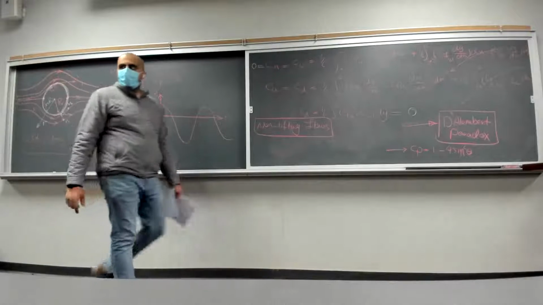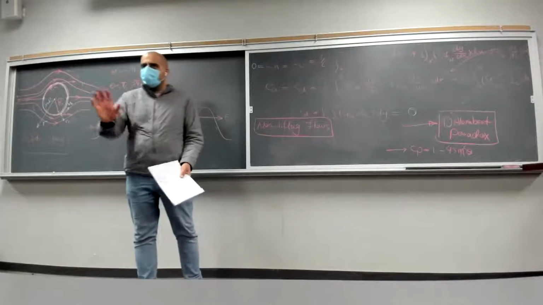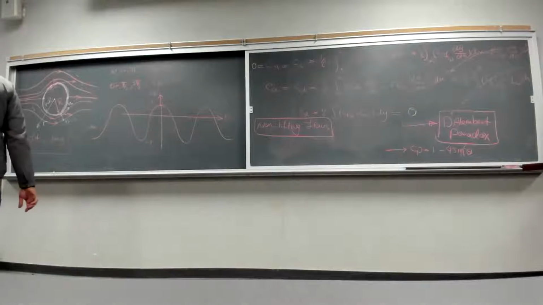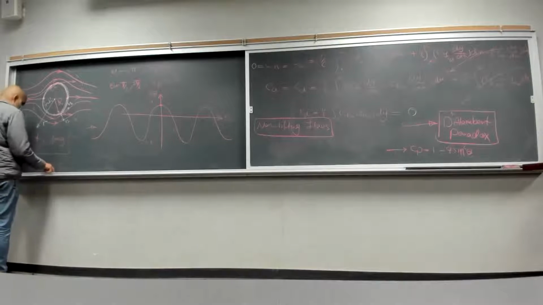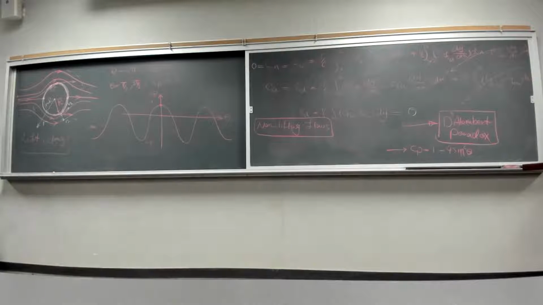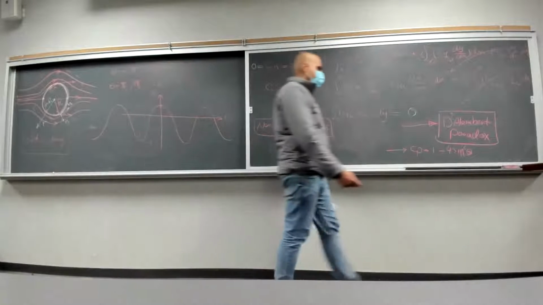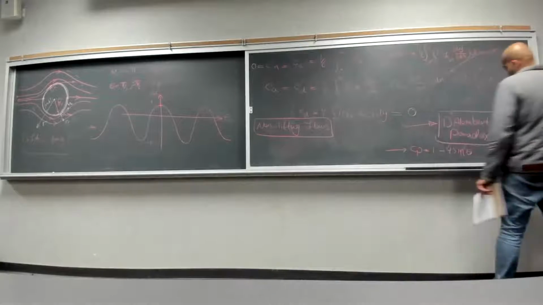That you are getting 0 drag, which obviously you shouldn't, because you are pushing the cylinder. You should get some drag. He essentially understood that the inviscid assumption does not give you the full picture. You have to include something else in your analysis.